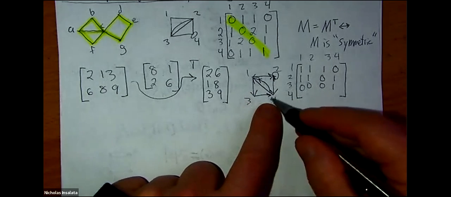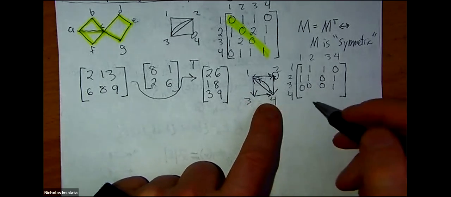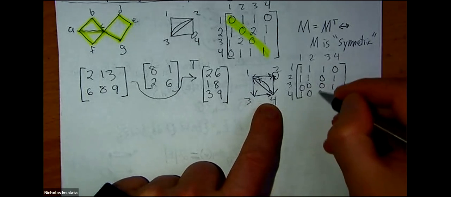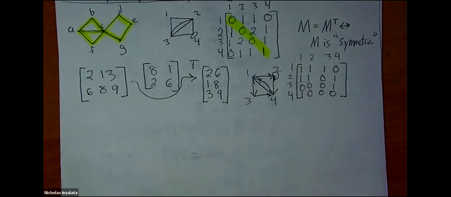And then 4 goes to 1 and nowhere else. And you can see that's not symmetric anymore, right? What do you guys think? Does that make sense? Questions?